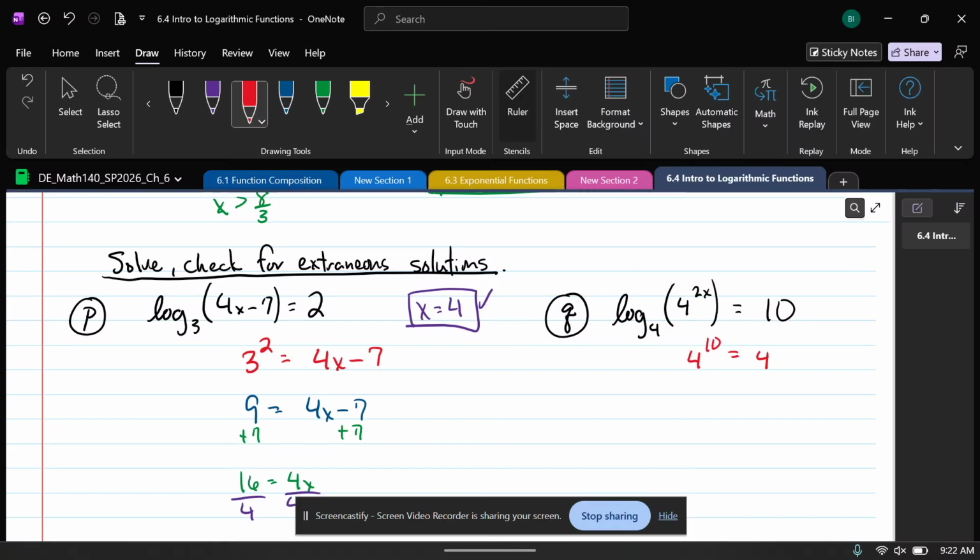It's equal to the 4 to the 2x. Hey, it just happened to already be set up with the same base on there, like what we would want in what we did yesterday. So what's my equation that I'm solving? Yeah, 10 equals 2x. That's super easy. Divide by 2. 5 is equal to x. Checking that in the original problem, 2 times 5 is 10, 4 to the 10th is positive.